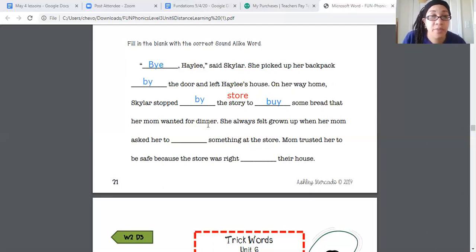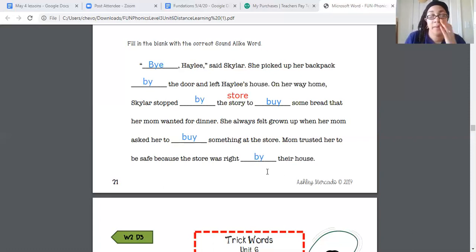Some bread that her mom wanted for dinner. She always felt grown up when her mom asked her to buy something at the store. Mom trusted her to be safe because the store was right by their house.